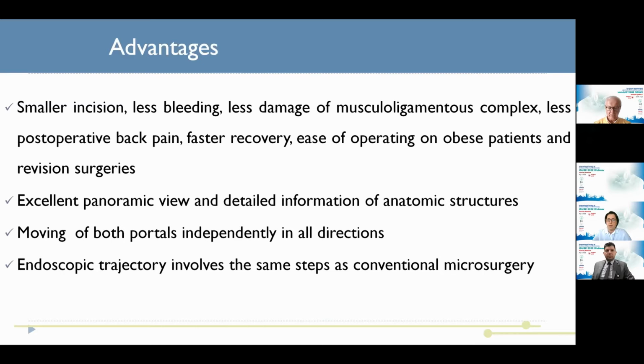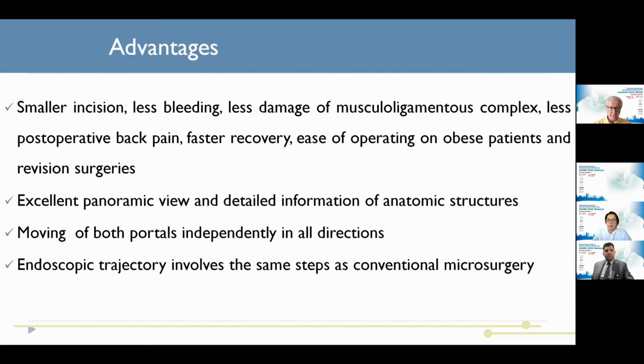With UBE, operating on obese patients and regional surgeries are easier. Also, in UBE, we get a perfect panoramic vision thanks to 30 times magnification. With the help of this, we can see anatomic structures in more detail.